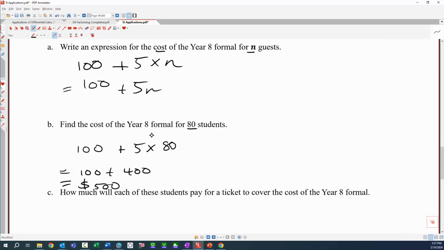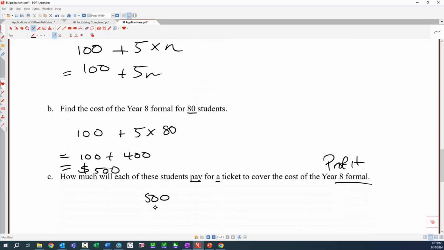All right, so how much will each of these students pay for a ticket to cover the cost of the Year 8 formal? So we're assuming that the school is not going to make a profit, okay? In which case, what we're going to do is note that if it's going to cost $500 and we're going to have 80 students attending, we're going to split the $500 between the 80 students.